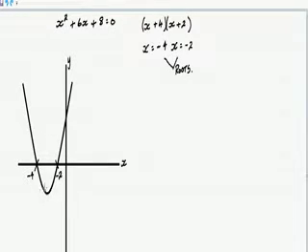Now if they said where is the turning point, let's do that. What they mean by the turning point is this point here, at the very tip of the curve.